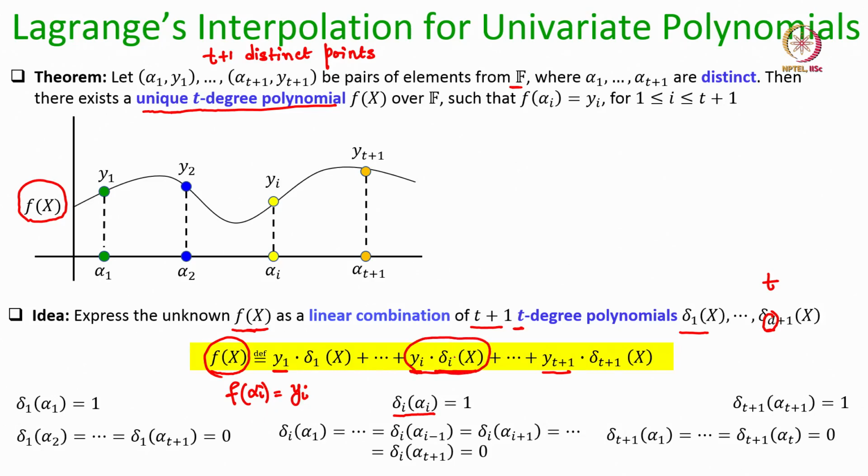And what will be the ith term if I substitute x equal to alpha I? Well, it will give y I multiplied with 1, which will be same as y I.